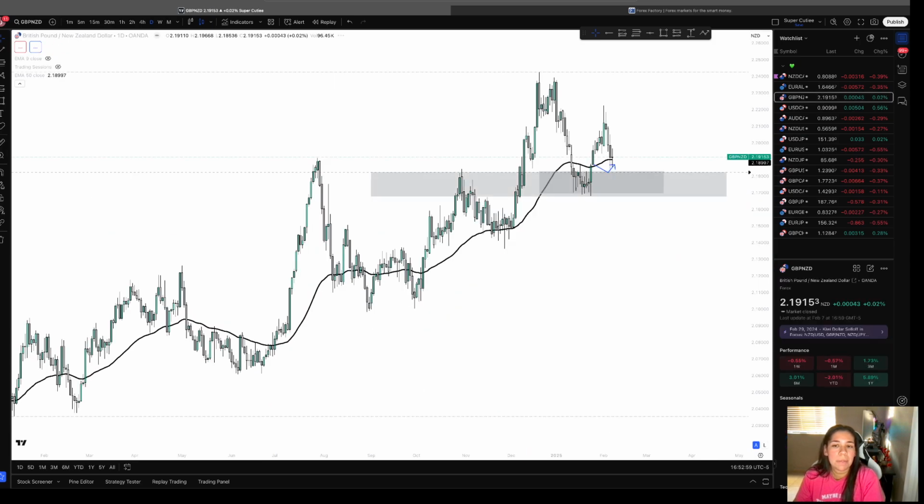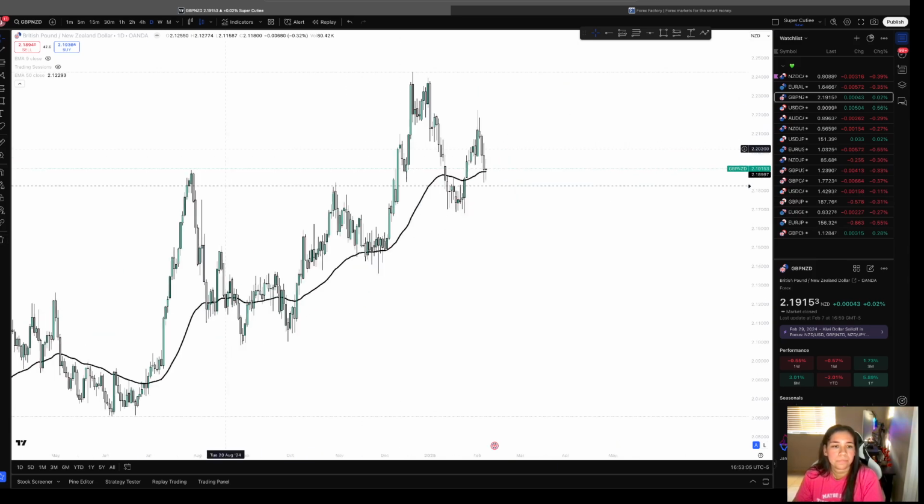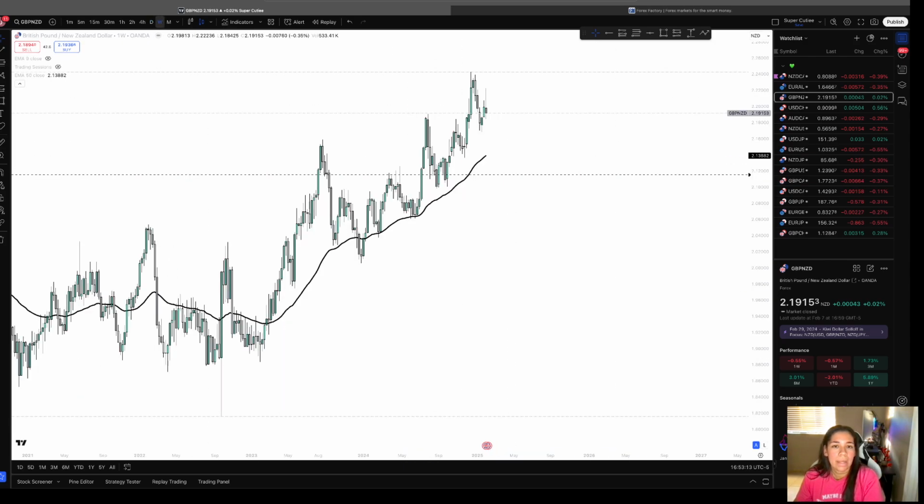All right, so GBP NZD. Let's erase my analysis from last week, and let's move this alert out of the way. You know, we can cancel it. Okay, so weekly. Let's do top-down analysis. I started in the weekly time frame, and we can see that we're trending up.